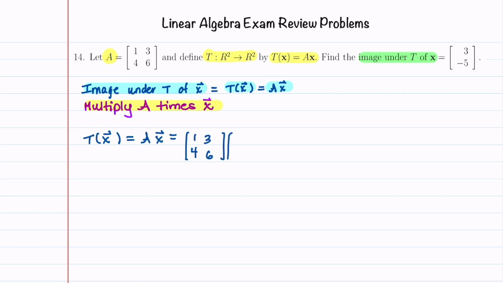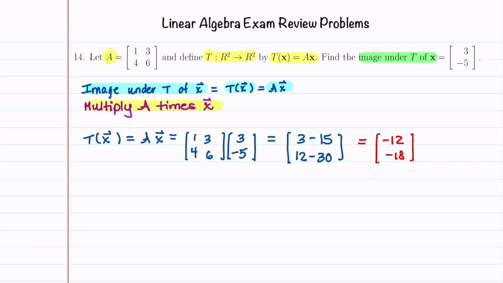And then we multiply this by our vector X that we're given, (3, -5). And we get 3 - 20... in our first component, and then 12 - 30 in our second component. And this gives us that T of X is equal to (-12, -18). So the vector (-12, -18) is the image under T of X.